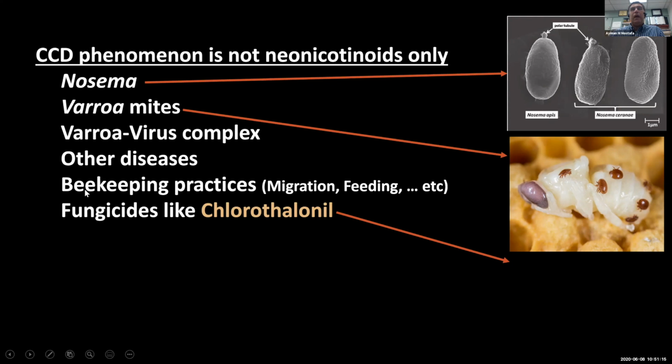Beekeeping practices, as I told you: a lot of these bee colonies are subject to movement for a very long time. All of the time they are enclosed, they are not allowed to go out. And once they are at the site of pollination, they are pushed to pollinate quite fast because the window of time is short. So they are having weeks on the road, on a trailer, and everything is closed.